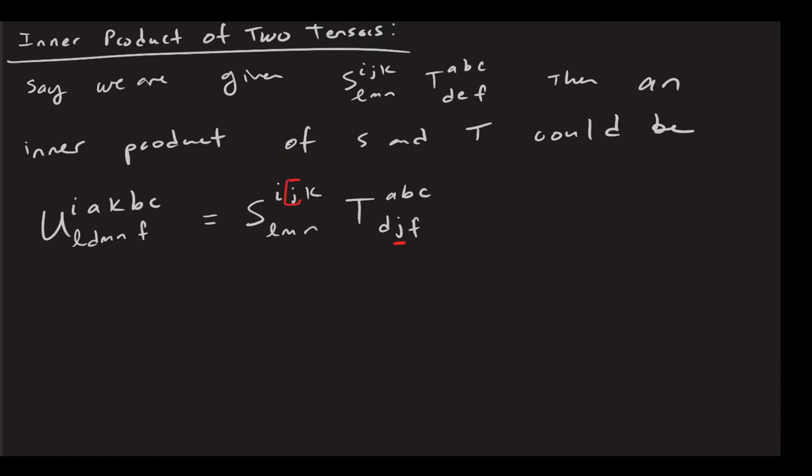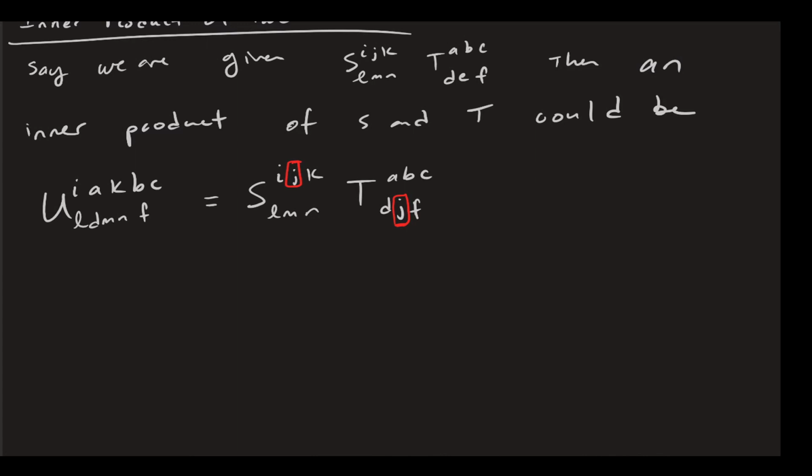It's no longer a live index, which means it should not appear on both sides anymore. So I will increase the rank of the tensor, but I will also lose a live index. So it's not a complete outer product. I'm actually taking this upper index in the middle of S and this lower index in the middle of T and basically eliminating it.